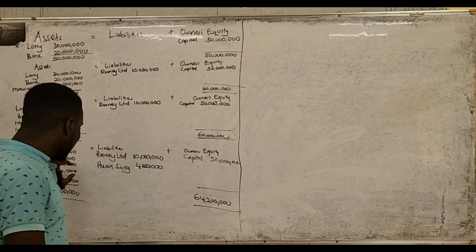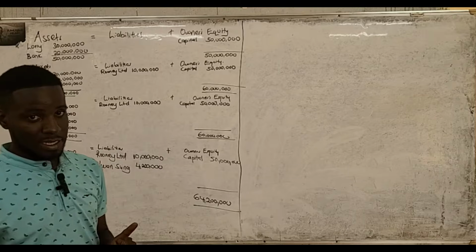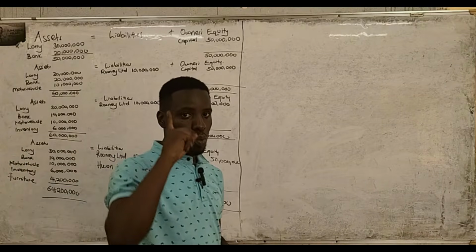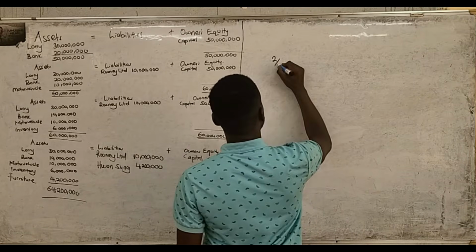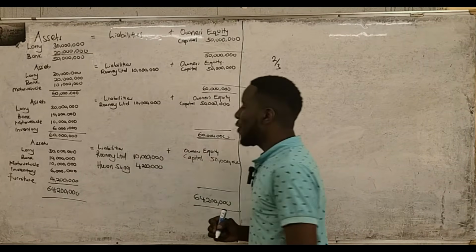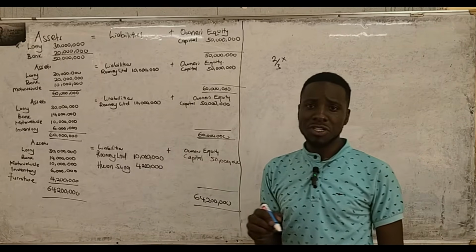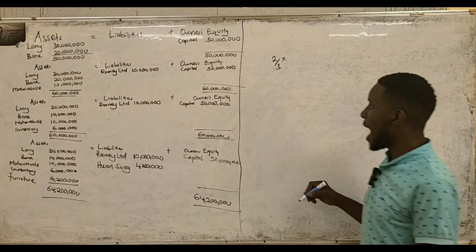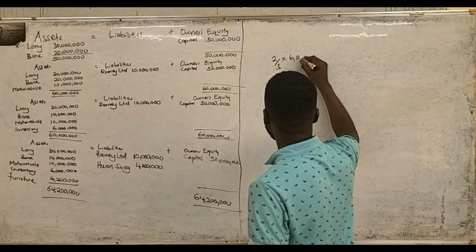If it is 6 millions and they're telling us that he sold 2/3, that means he's remaining with 1/3. But look at this, 2/3 of the inventory. How much is our inventory? If you check very well, our inventory is actually 6 millions.